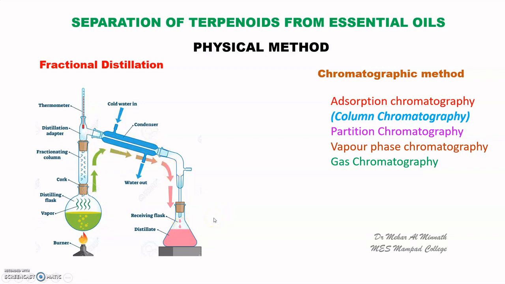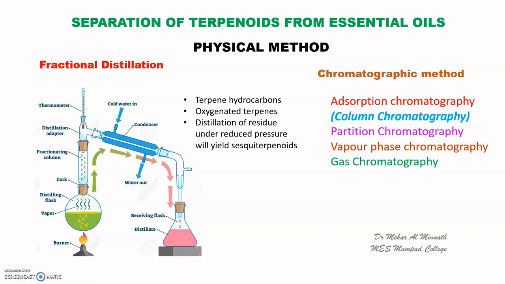So you get different fractions of terpenes. So here the terpene which comes out first will be terpene hydrocarbons, which are the lowest boiling terpenes. Then oxygenated terpenes like alcoholic terpenoids will come, and then followed by your aldehydic and ketonic terpenoids.